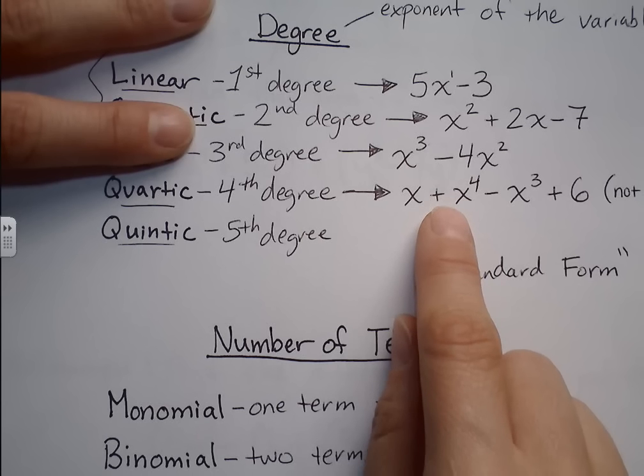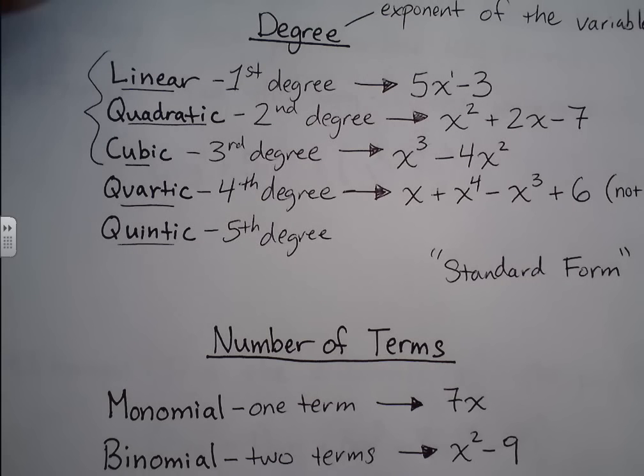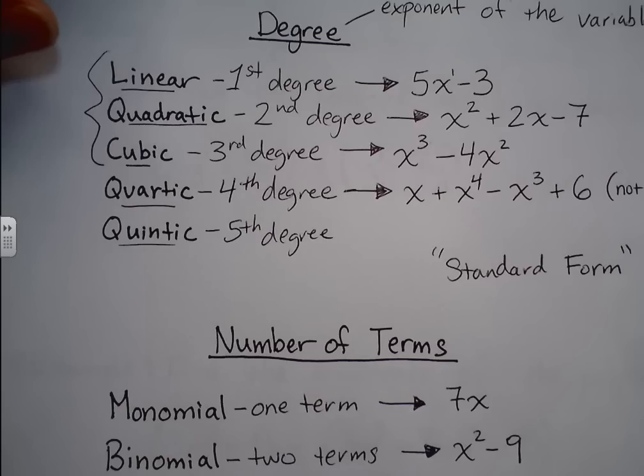So leading coefficient here would be 5. The leading coefficient here would be 1. You don't see a number in front, so it's a 1. Leading coefficient here would be a 1. For this one, remember, it wasn't in standard form, so I had to go find the largest degree, which was the 4th degree. It still has a leading coefficient of 1.